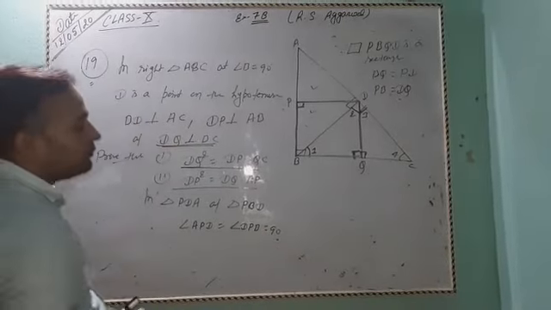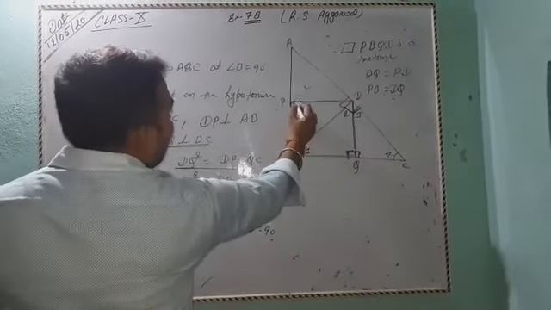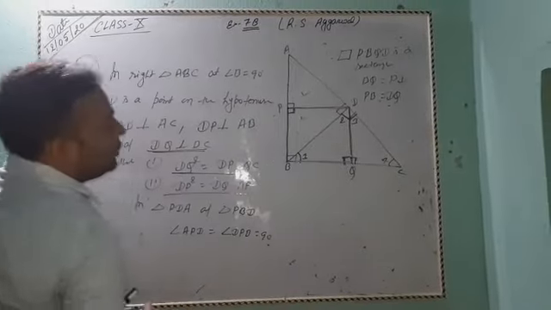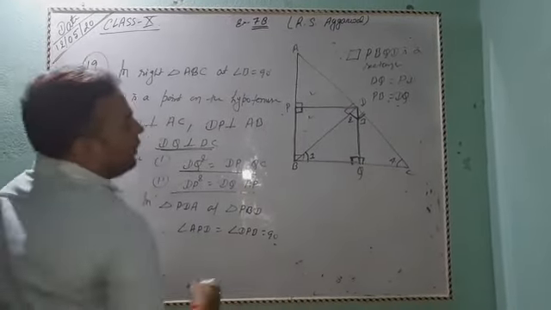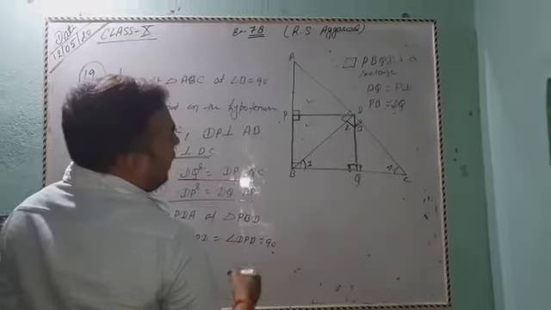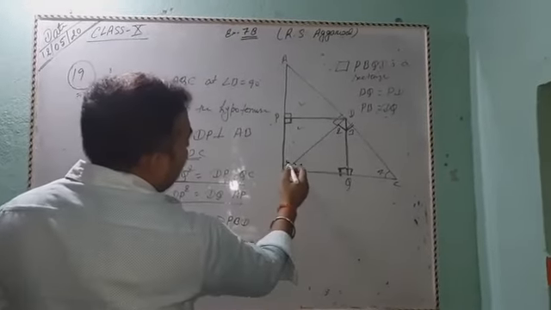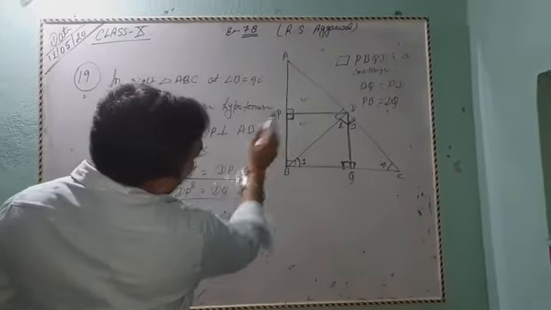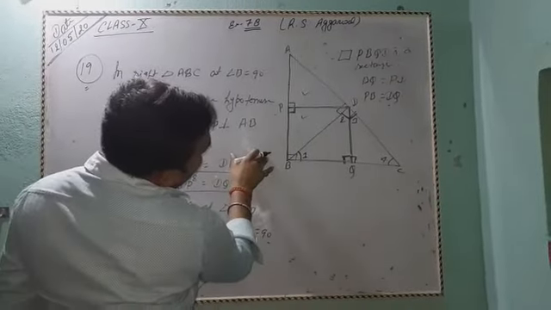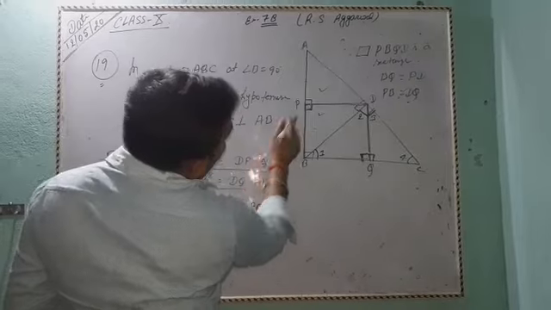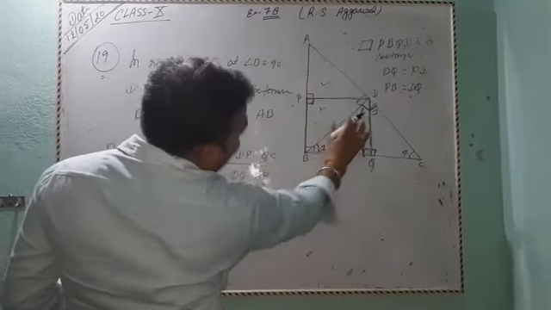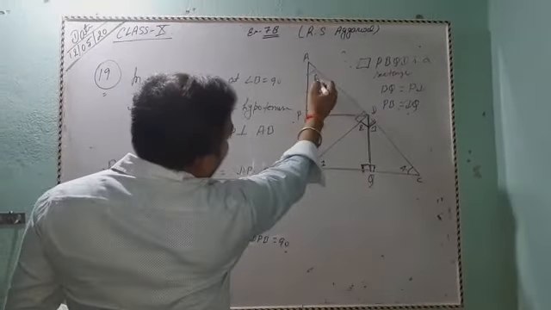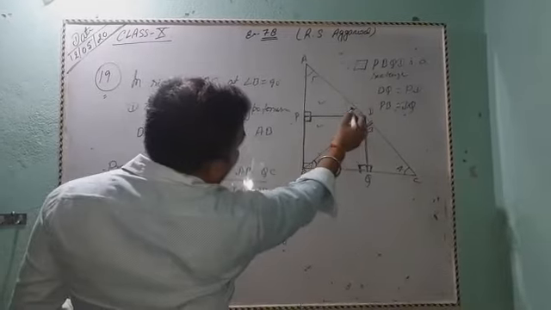Okay, these angles are 90 degrees. Naming the angles 1, 2, 3, 4, these are 5 and these are 6.